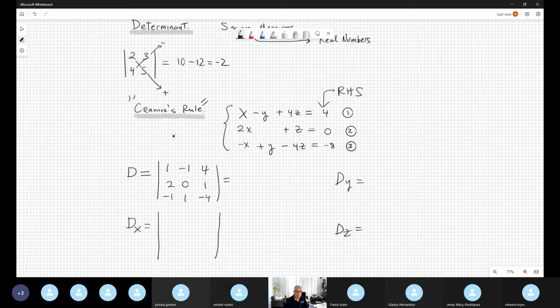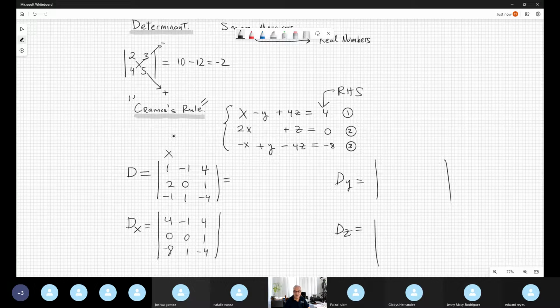For example, 4, 0, and negative 8. You put them in the first column because the first column is the x column, and the others stay the same. You replace the column corresponding with the name of the determinant with the right-hand side column.